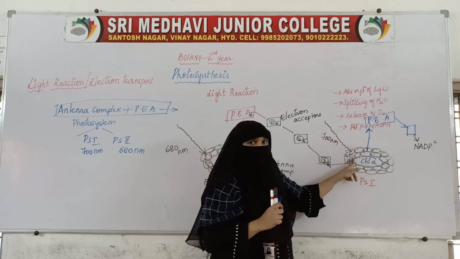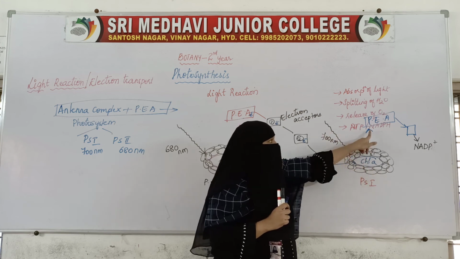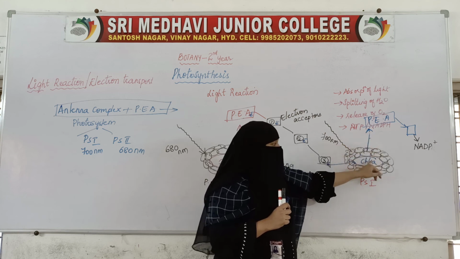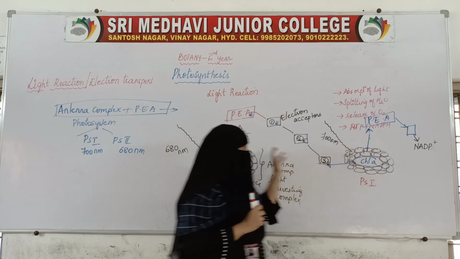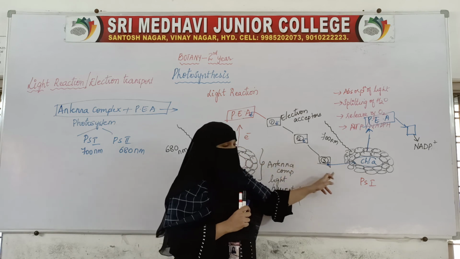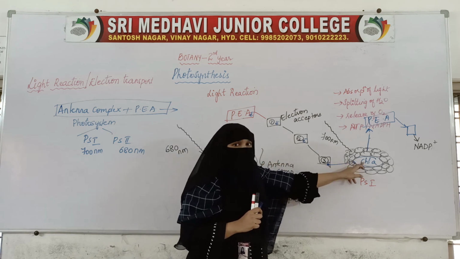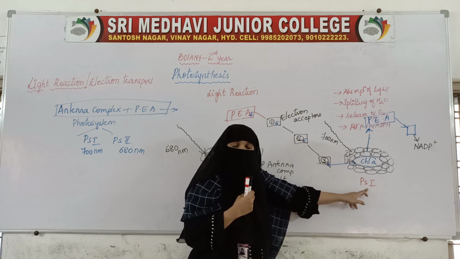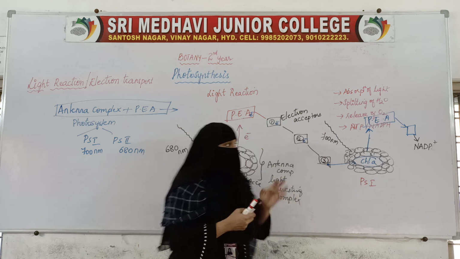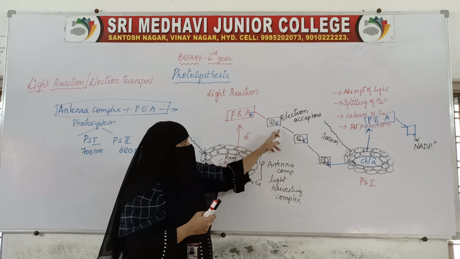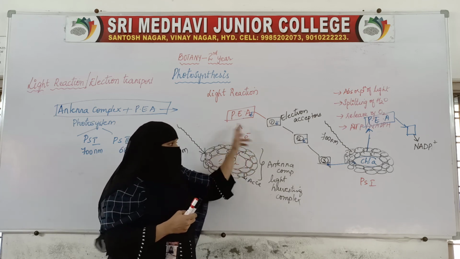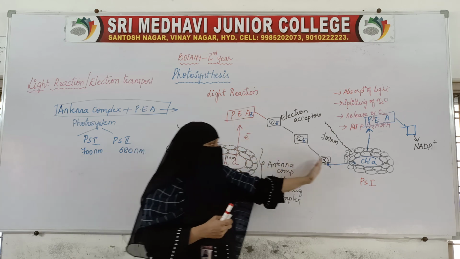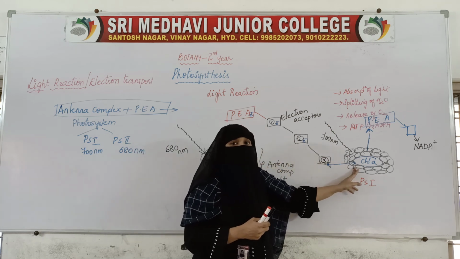When it absorbed the sunlight, it ejected one electron, so the electron count is less now. That lost electron is given back to it. That is, the chlorophyll A of reaction center 1, photosystem 1, will get its electron back, because the electron from photosystem 2 is transported to photosystem 1.